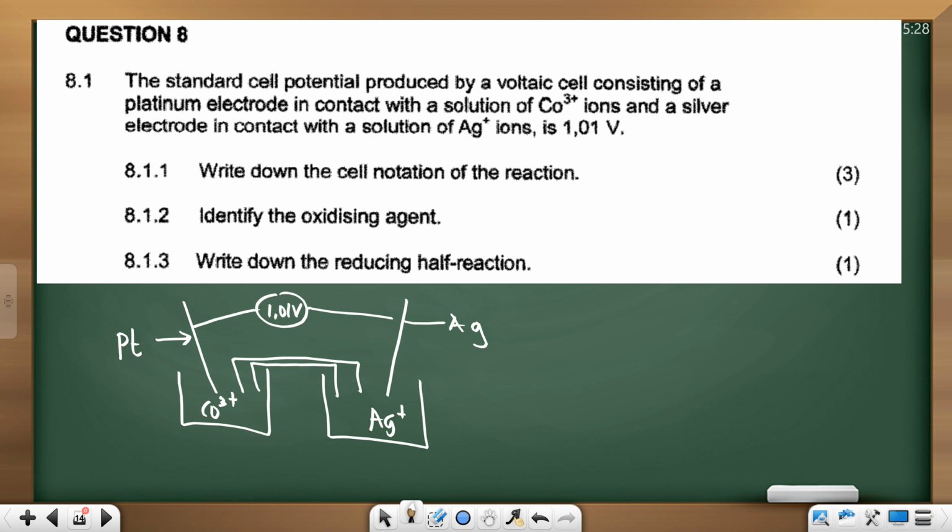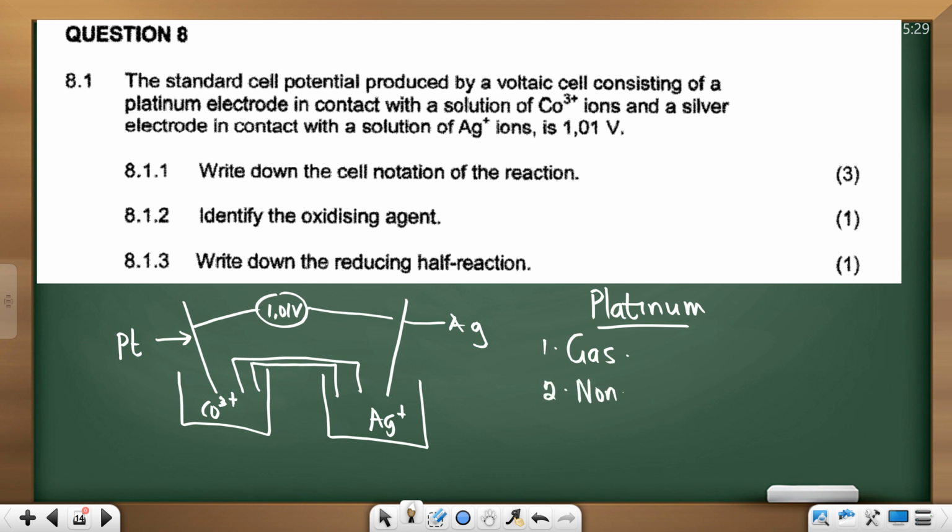Platinum is inert. I'll tell you why when we use inert. This was the question that Sophie has been asking. It's time to answer her and every other person. When do we use platinum? One, when you have a gas.